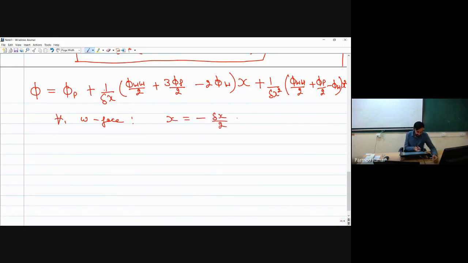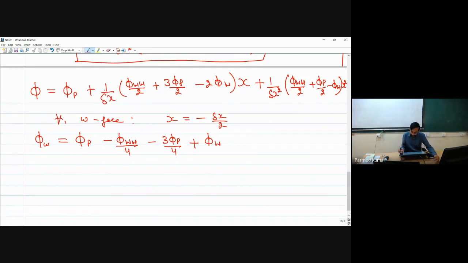Let me substitute minus del x by 2 over here. So if I substitute, I will be getting value of phi at point w. So that will become equal to phi P. When I substitute minus del x by 2 over here, I will be getting 1 by 2 outside with a negative sign. Okay. So let me multiply with minus 1 by 2 throughout. So I will be getting minus phi WW by 4 minus 3 phi P divided by 4, and here I will be getting plus phi W. Okay.